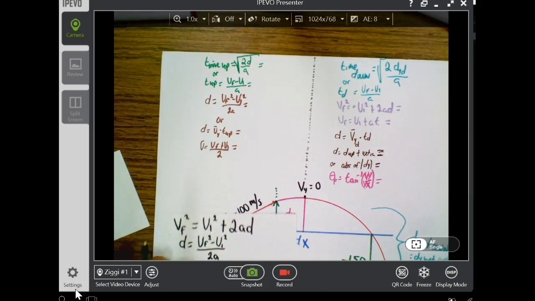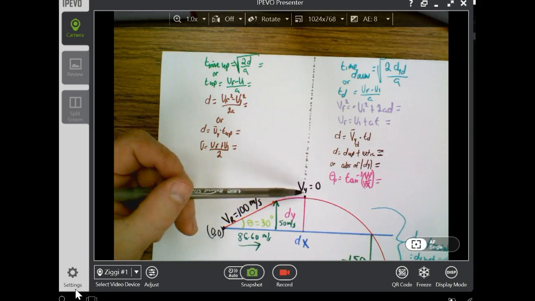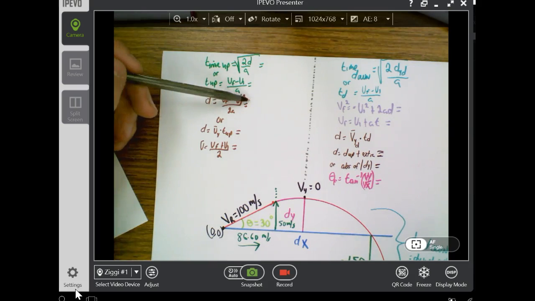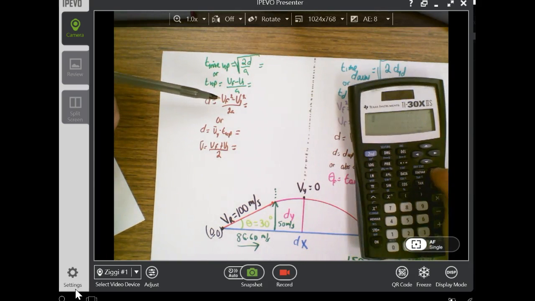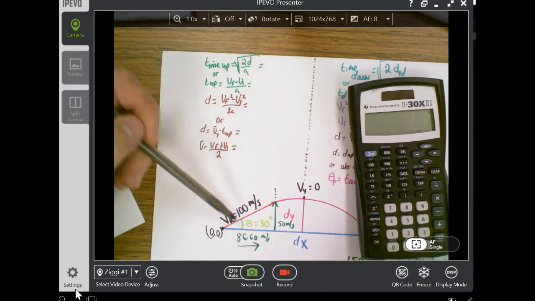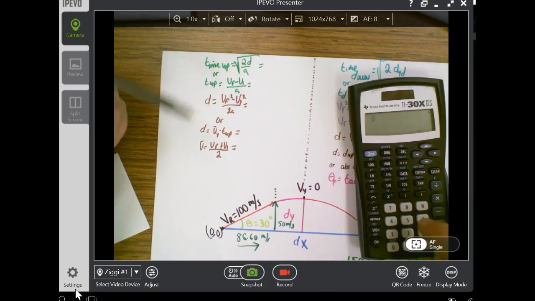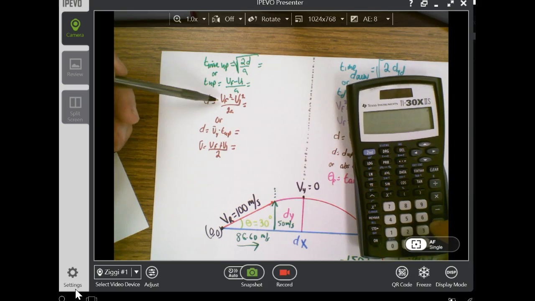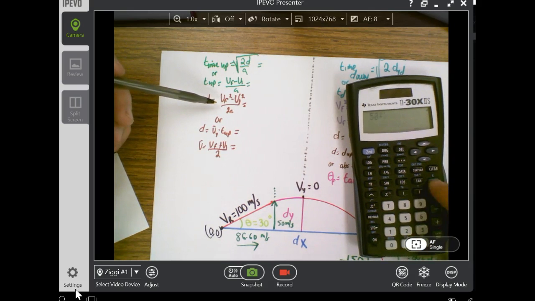I can solve it for d. Well, since we know that the velocity at the top is 0, and we start at 50 meters per second, I can use this to solve for d. Velocity final at this point is really 0, because it's going to go from 50 to 0 on the way up. So 0 squared minus 50 squared, divided by 2 times negative 9.8, and that doesn't look right because it probably has a negative. So let's write 50 squared divided by 19.6.